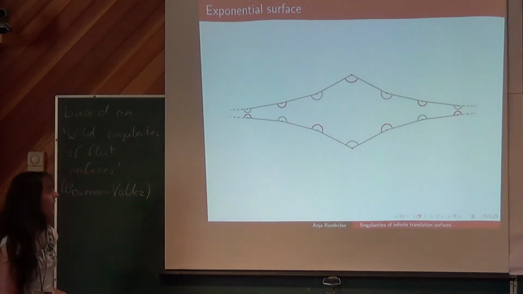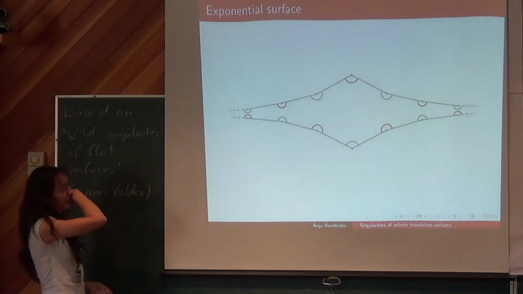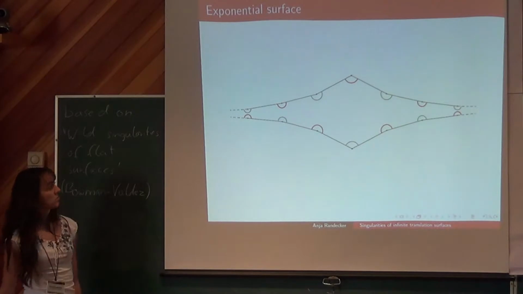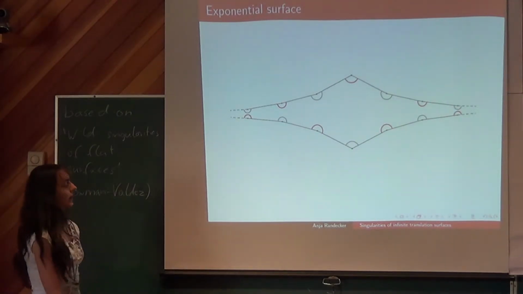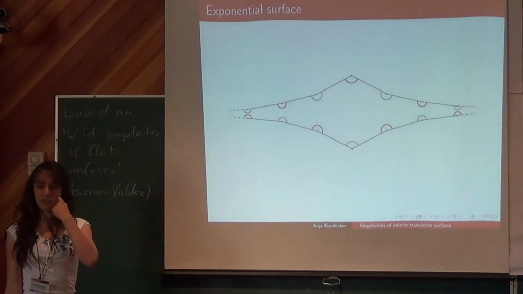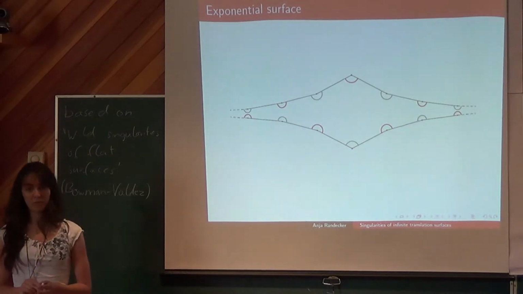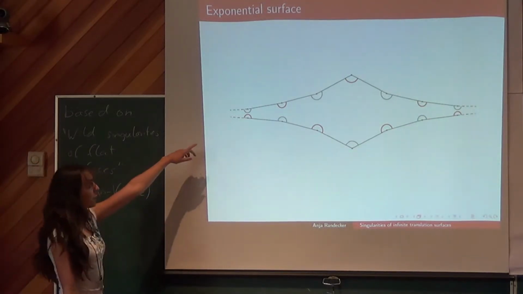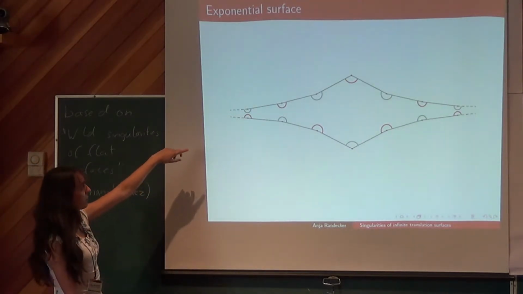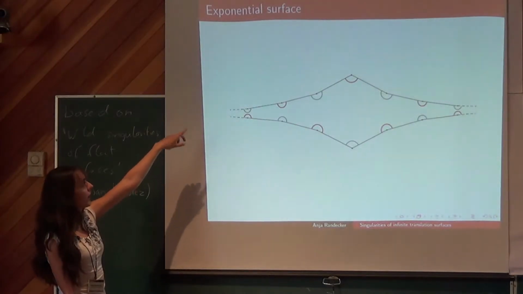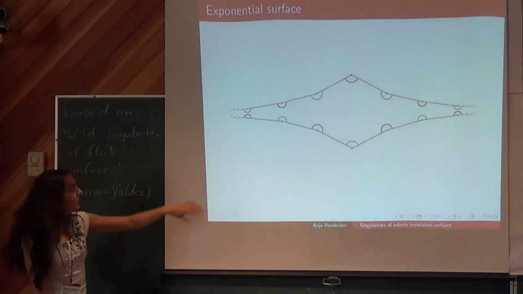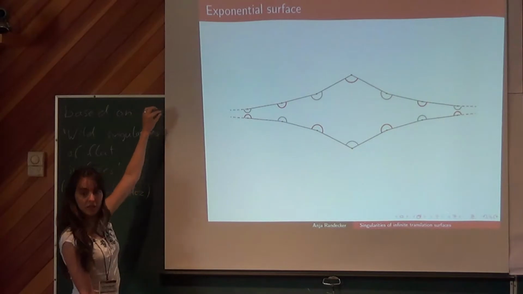Then we get this. So at first view, there are 2 singularities, and I can go infinitely often around the singularities. But that's not true, because if you want to get the distance between this purple one and this gray one, you see that they are coming closer and closer.